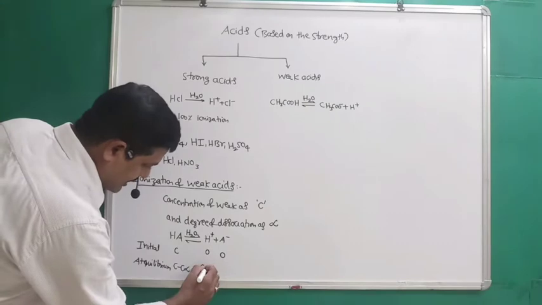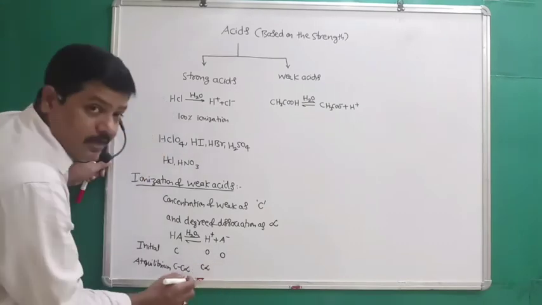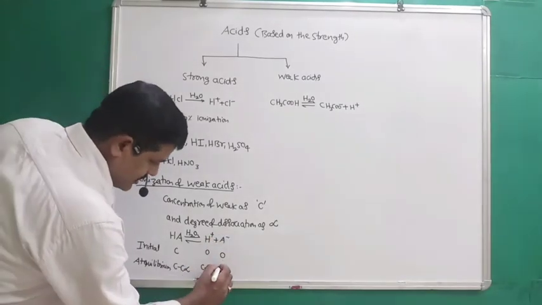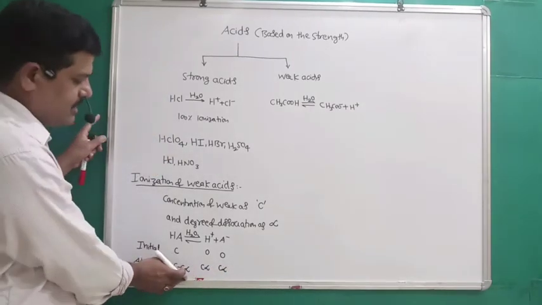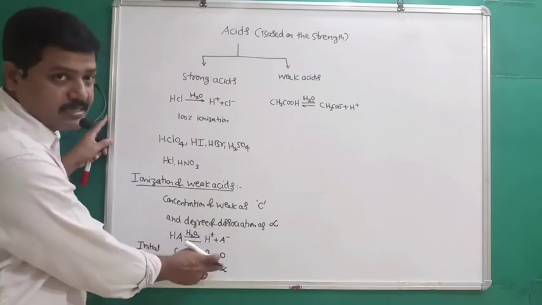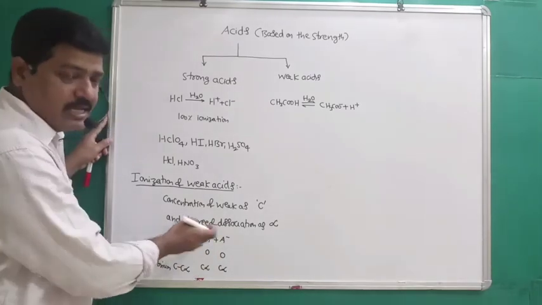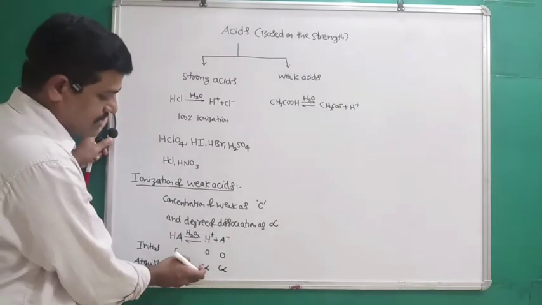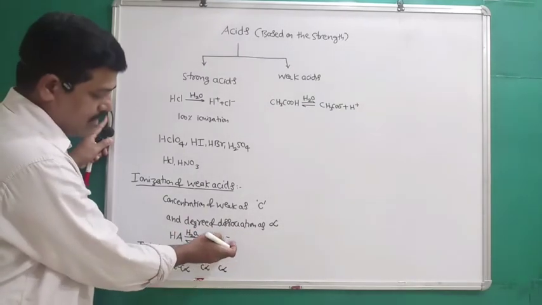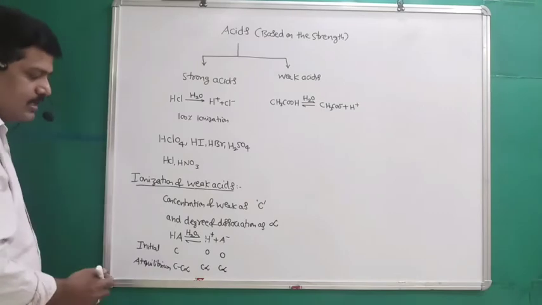Then H+ ion concentration will be C alpha, and A- also is C alpha. When C alpha concentration of weak acid undergoes ionization, it will give the same amount of H+ and A-, C alpha each, right?